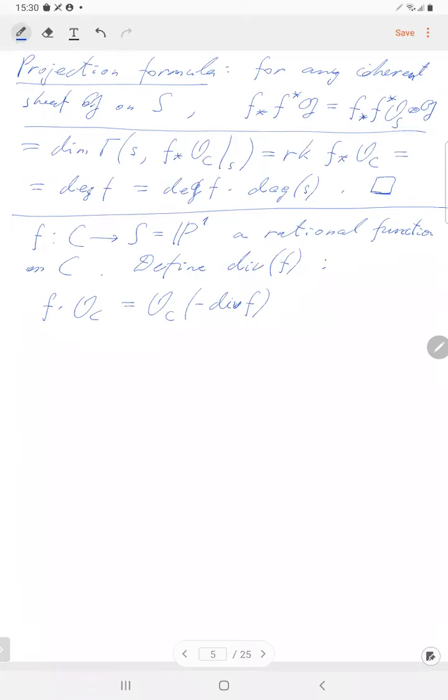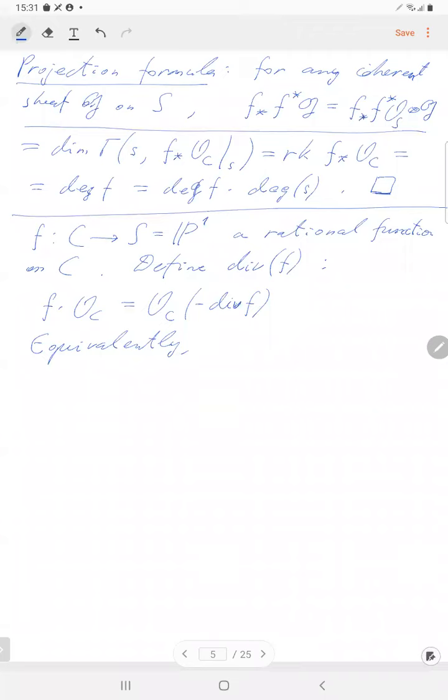On the other hand, you can view this function as a morphism to the projective line, and equivalently, on the projective line you have 2 points, 0 and infinity. Their pullback will be the zero divisor of f and the infinity divisor, the pole divisor of f.